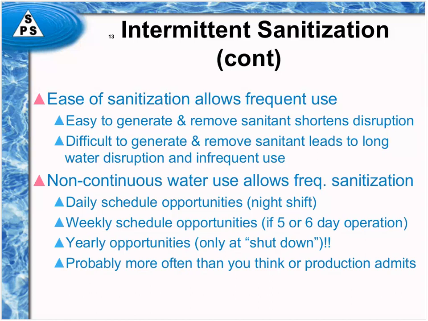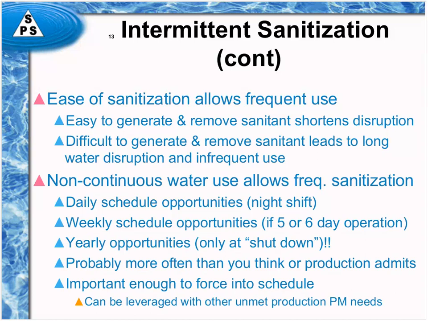Probably you can do the sanitization more often than production admits, especially if you have a 24/7, 365 kind of operation. Sometimes what you can do is leverage the need for water system sanitization with other unmet preventive maintenance needs in other areas of the operation, and it's important enough to actually force into the schedule, albeit as limited an interruption as is possible.